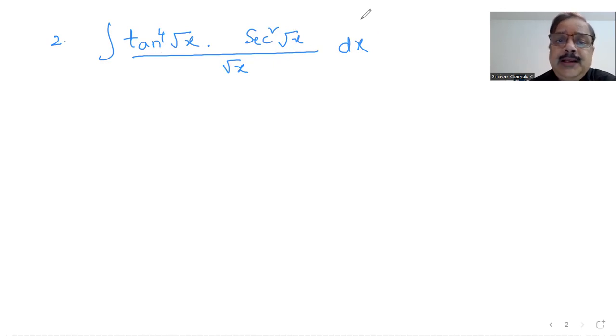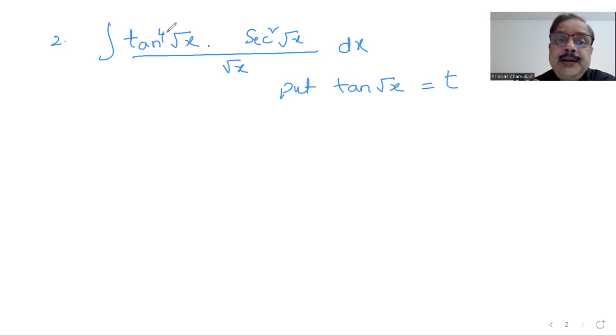If you observe clearly, secant squared, you forget about the root symbol now, secant squared x, if you find, it means it is the differentiation of tan x. Is it not? So if you take tan x as the t, your sum will become simpler. So we'll put tan root x as t now.